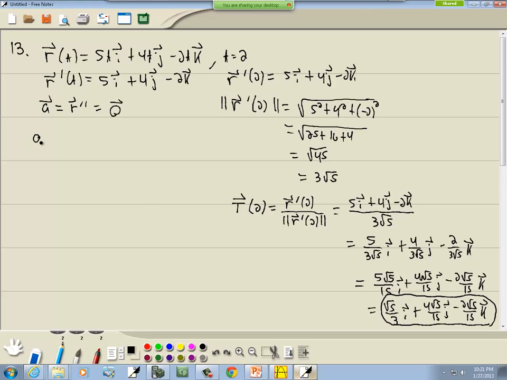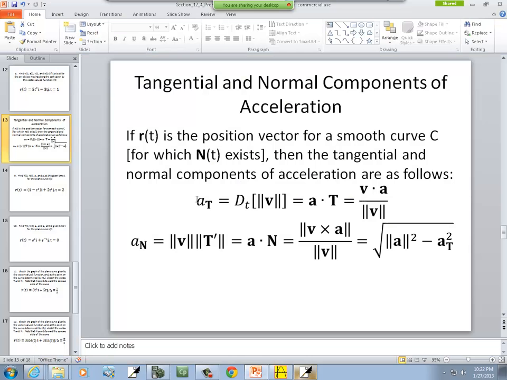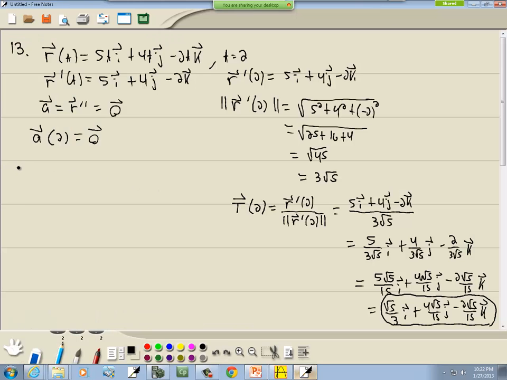If I found this at 2, well, that's just the 0 vector. So then this says find the dot product of a and T. Oops, it's acceleration, that's not a vector. So a of 2 dot T of 2. Well, since this is the 0 vector, taking the dot product of whatever, 0 times anything is 0, and then you add them all together and you get a bunch of zeros.